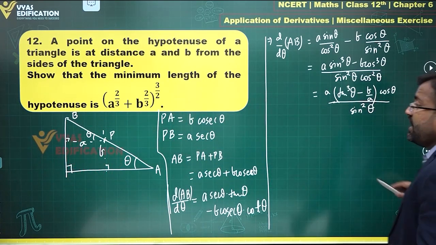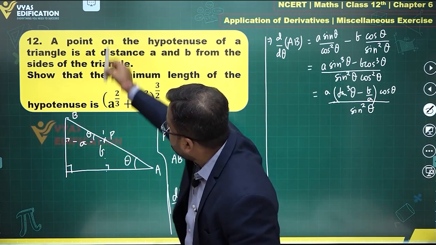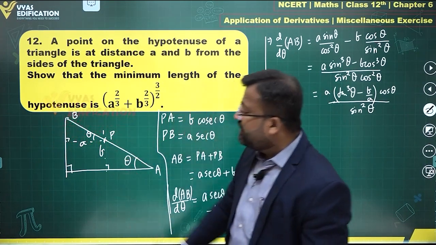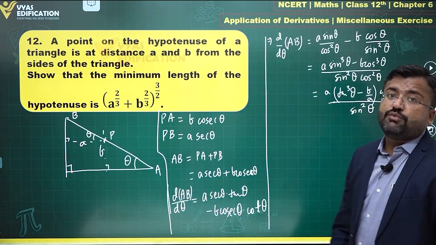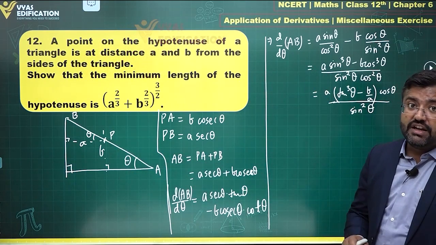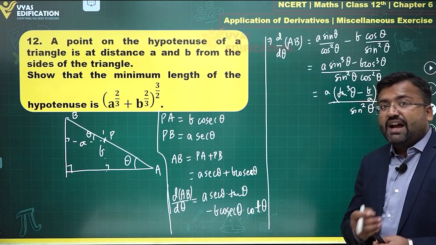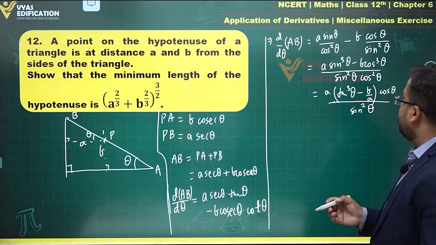If theta becomes very large, approaching 90 degrees, the hypotenuse will be very, very large again, since the hypotenuse has to pass through these points. So those are two extremes which we are not dealing with. We're dealing with the middle one, and that gives me the minimum length of the hypotenuse.